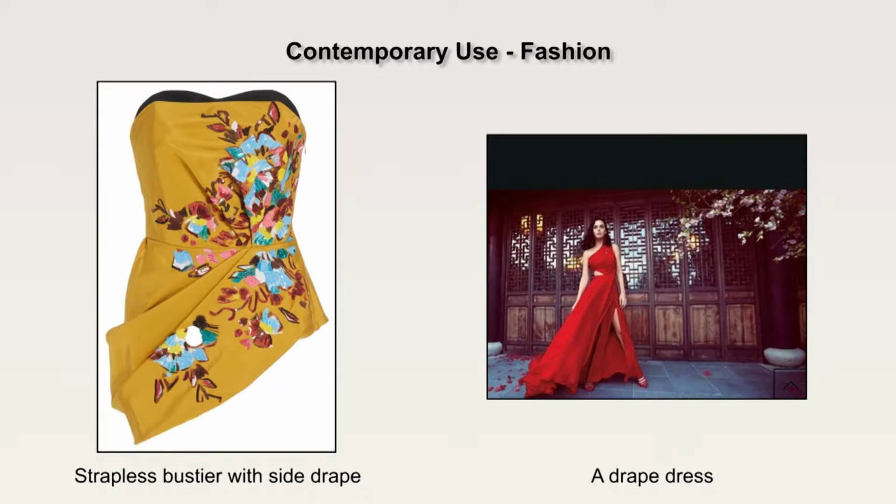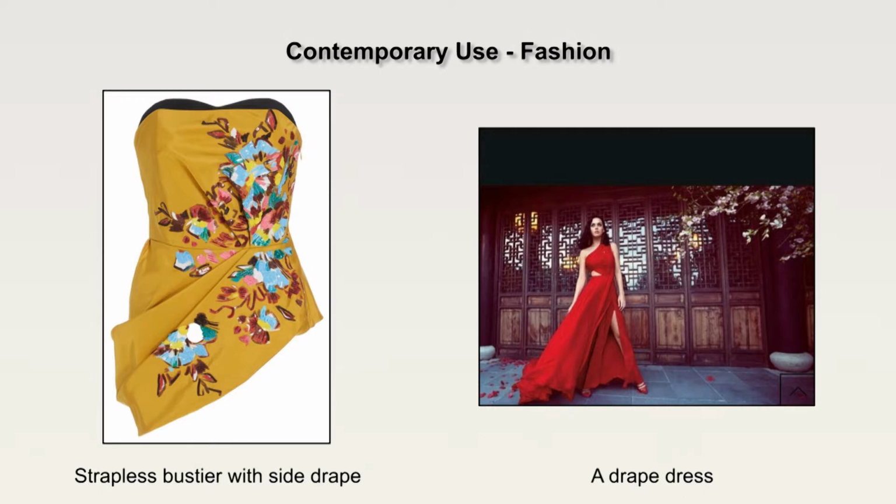This yellow strapless bustier has a side drape. Please note how the pleats have been formed through draping. On the right is a draped red dress.